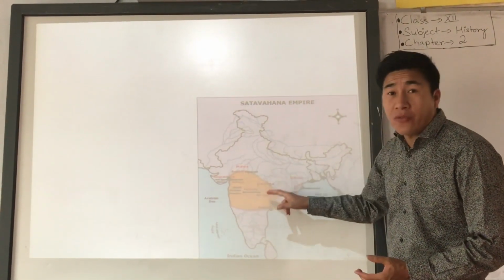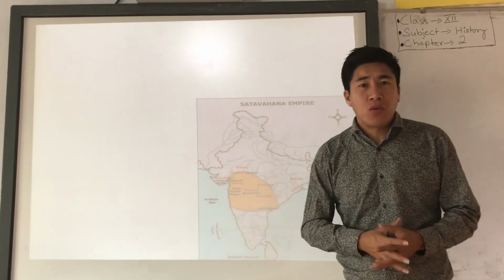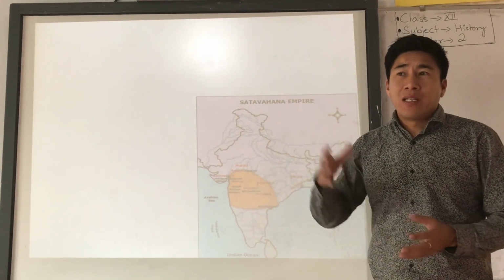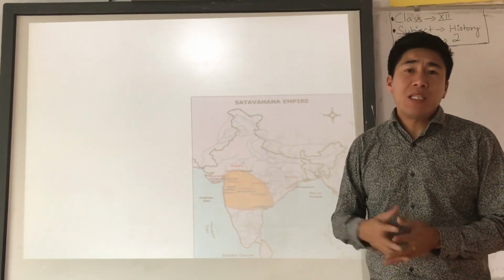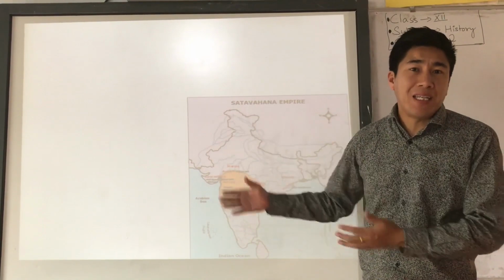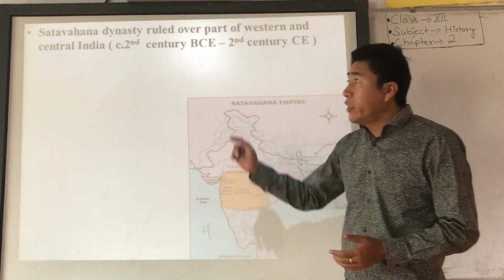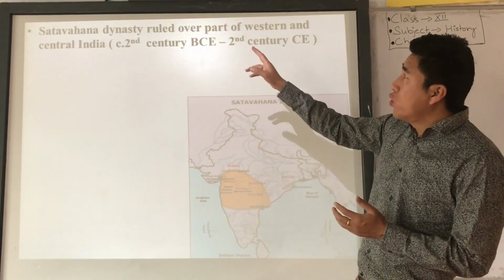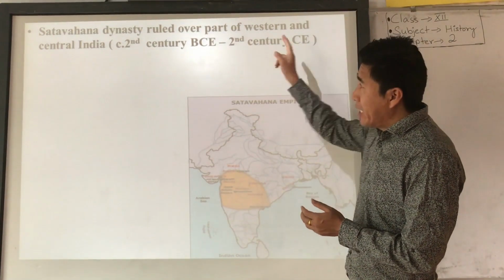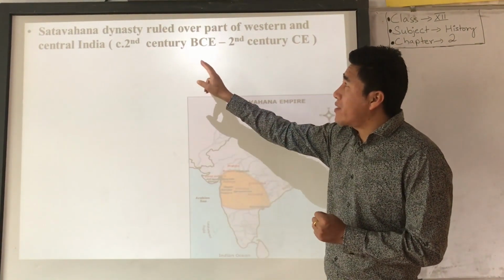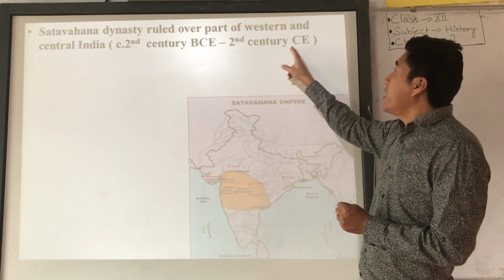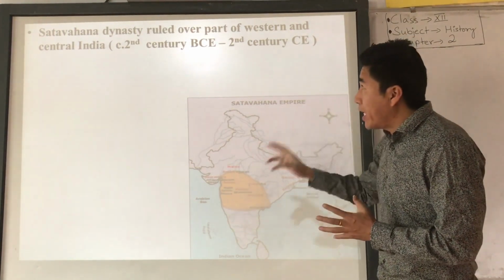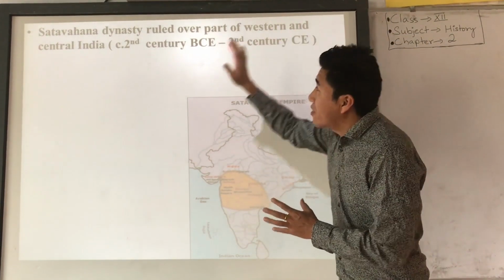Understood? So apart from that, we have the Satavahana dynasty in the central part of India, or you can say the western part of India. The Satavahana dynasty ruled between circa 2nd century BC and circa 2nd century CE or AD. Here it says western and central India. Why?